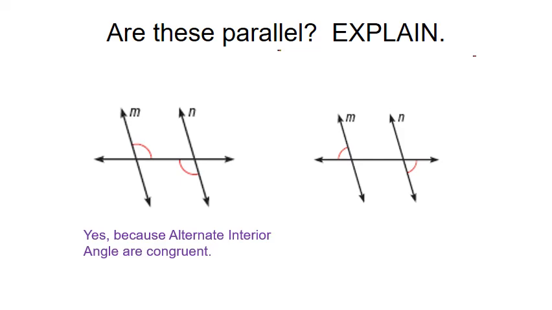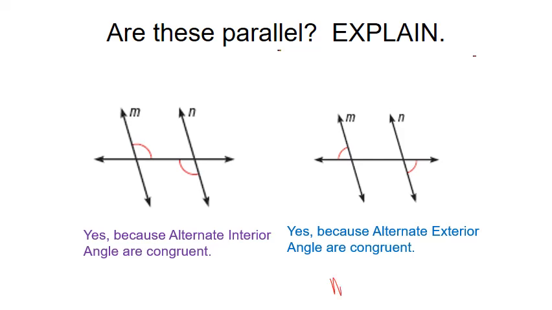So do we know that these two lines, M and N, are parallel? Yes, we do, because of alternate exterior angles and their congruency. If we wanted to write, again, M parallel to N, it'd be line M is parallel to line N. That parallel symbol is just like a skinny 11 or two parallel line segments, if you will.